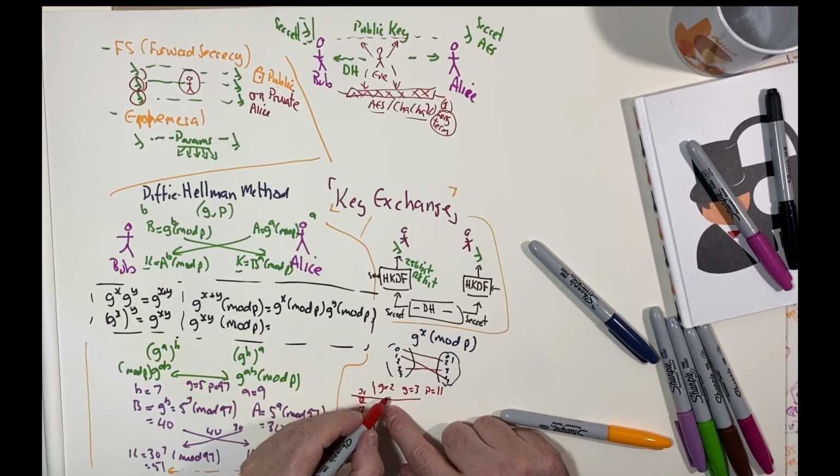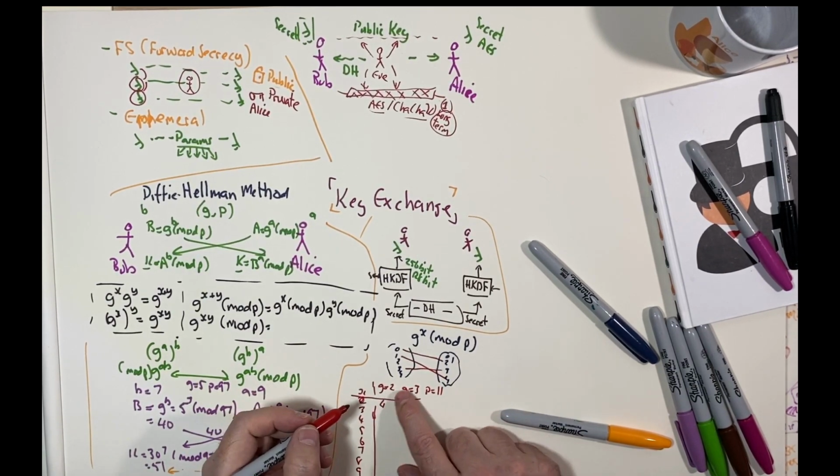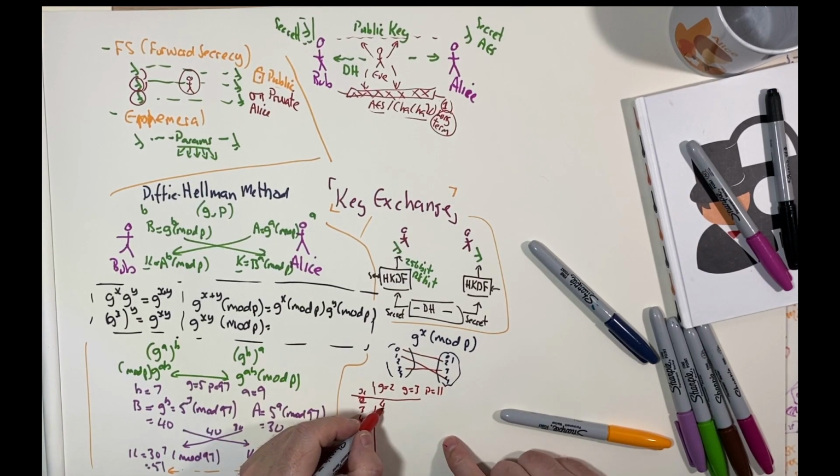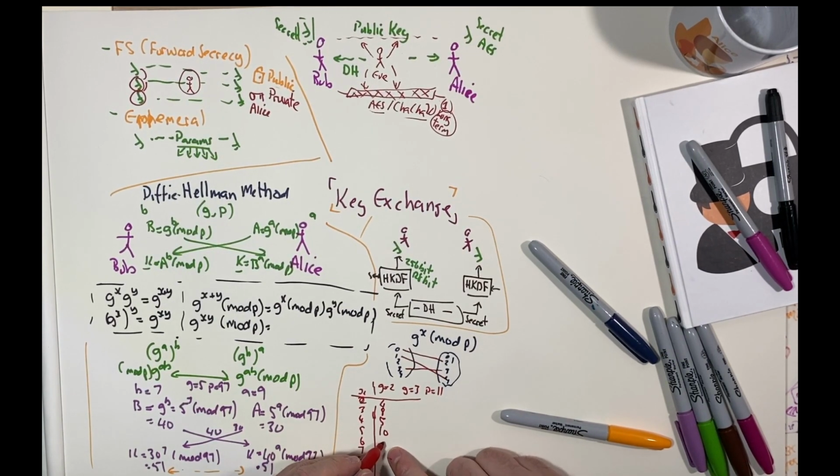Then if we go through the values, 2 to the power of 2 mod 11 is 4, of course, 8, 5, 10, 9, 7, 3, 6, 1.